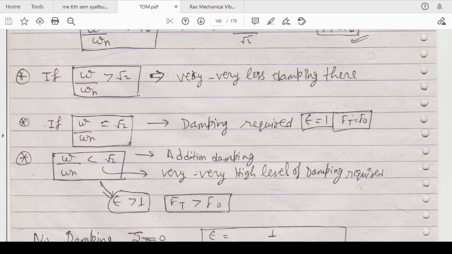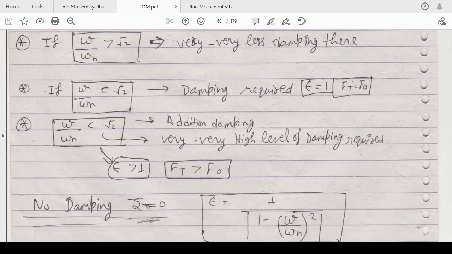But if omega by omega n is equal to root 2, then damping is required, because epsilon is 1, meaning the same force is going to be transferred to the foundation, so you have to provide some kind of damping at the bottom side of that particular machine. If it is less than root 2, then definitely additional damping is required, meaning a very high level of damping is required when the transmissibility factor is greater than 1 or Ft is greater than F naught.